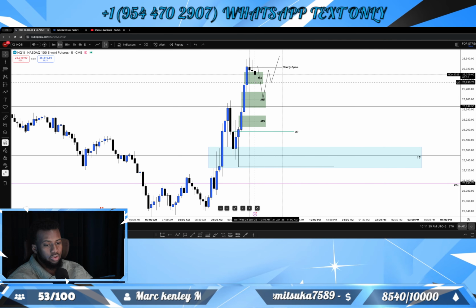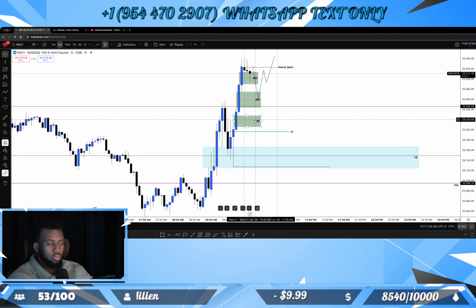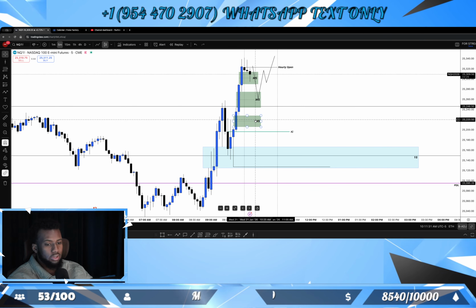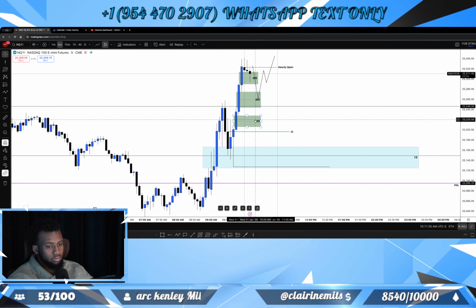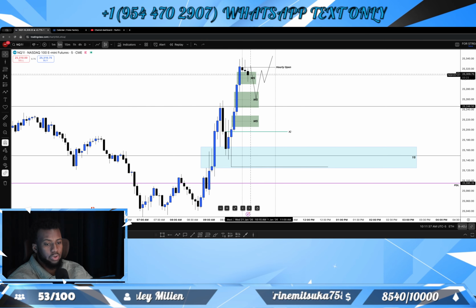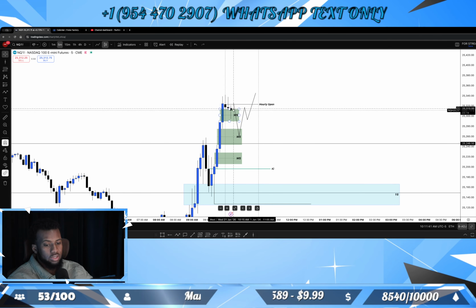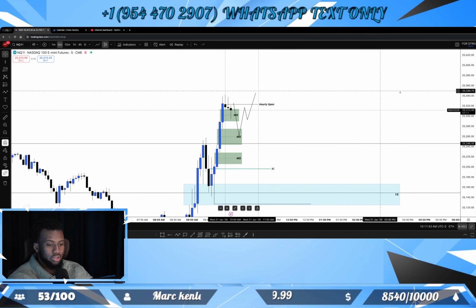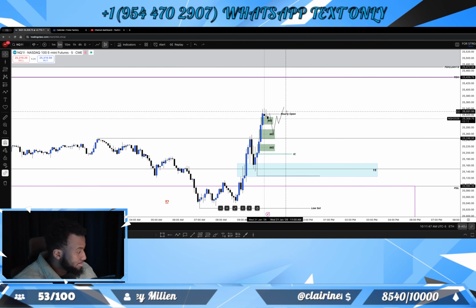If price can create the inversion from all of these imbalances, price is not bullish. That's not what you want. You want to see price respect one of these imbalances, create a nice reaction, set the low of the hour, and then just keep moving to the upside, bro. That's what I want to see, basically.